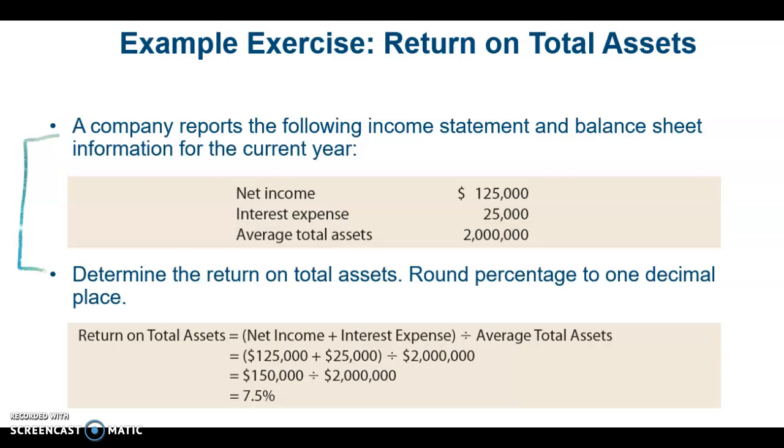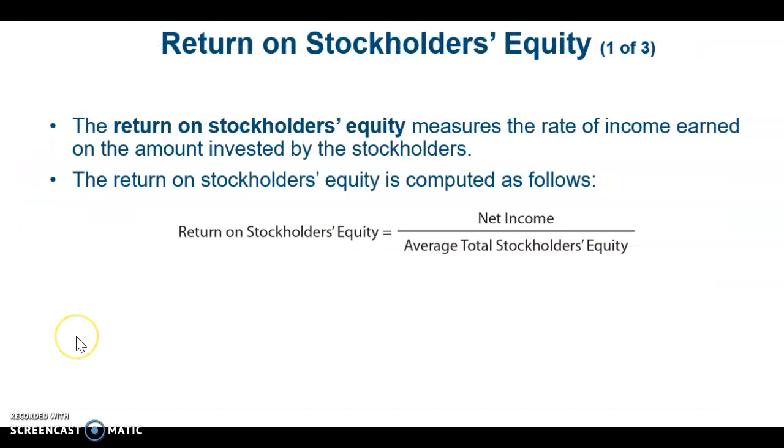And then check. Okay, return on stockholders' equity is going to tell us the rate of income earned on the amount invested by stockholders. So you're going to take net income from the income statement and then average total stockholders' equity.